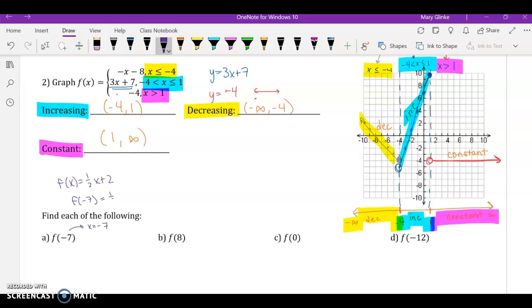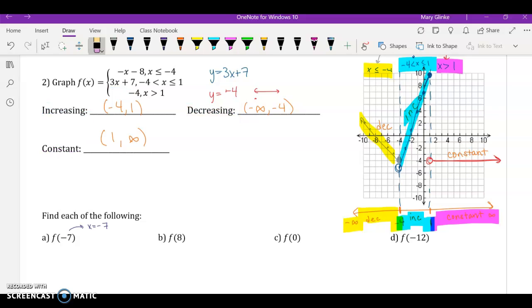And you'd say, all I have to do is plug in -7 and figure out what that equals. The problem is for this one, we are looking at all of these different pieces: the top rule, the bottom rule, and the middle rule. So we cannot plug in -7 for all 3 of those and get 3 different answers. We can only plug it in for one of them.